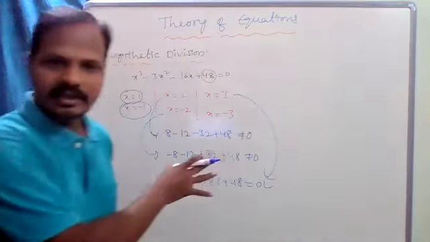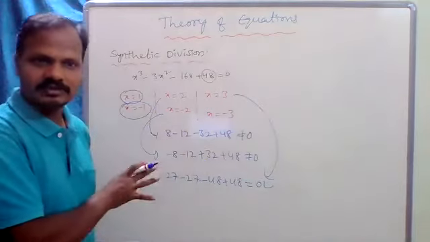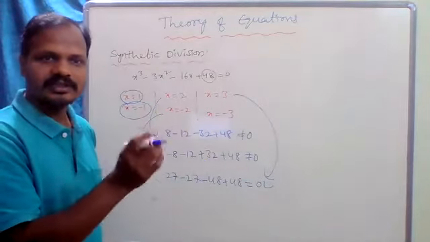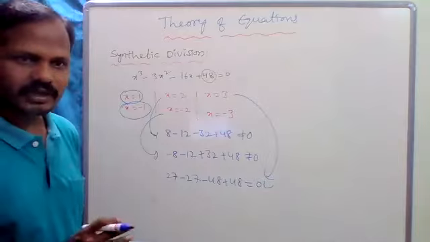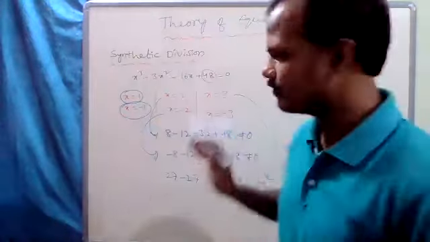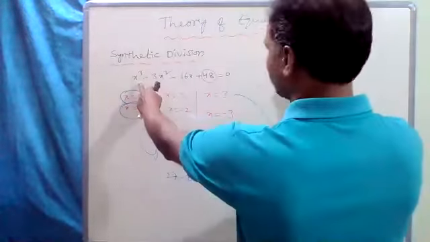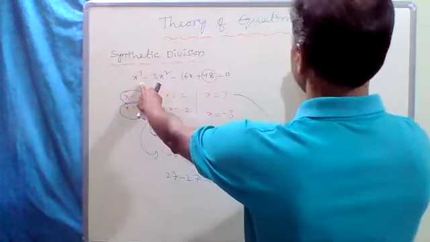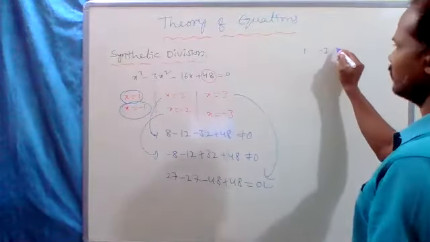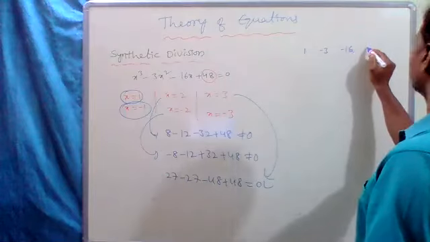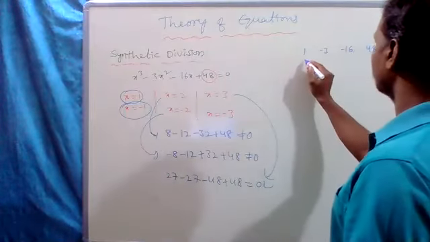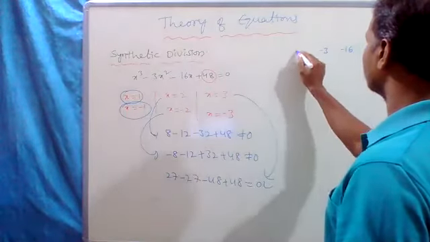Now we can apply synthetic division because we know x equal to 3 is a root of this one. Write the coefficients 1, -3, -16, 48, and write 0 here.